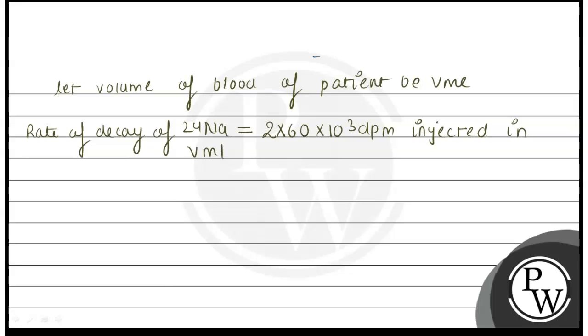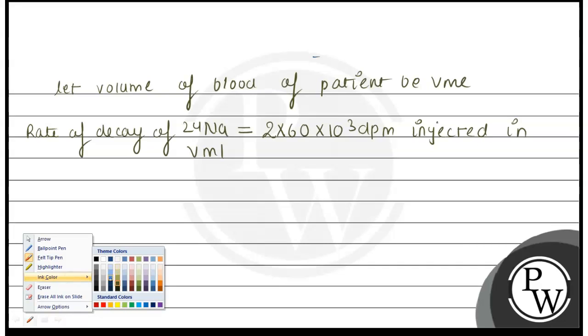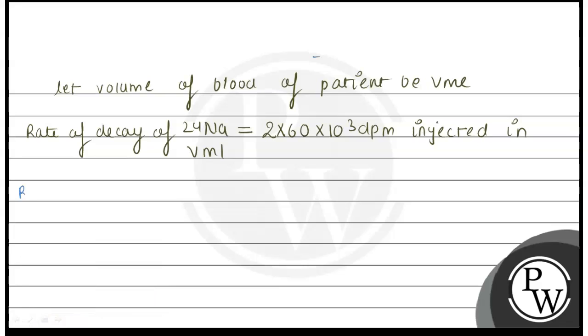Because we have assumed the blood of the patient is V mL. Now, the rate of decay of 24Na after 5 hours is equal to 16 × V dpm.